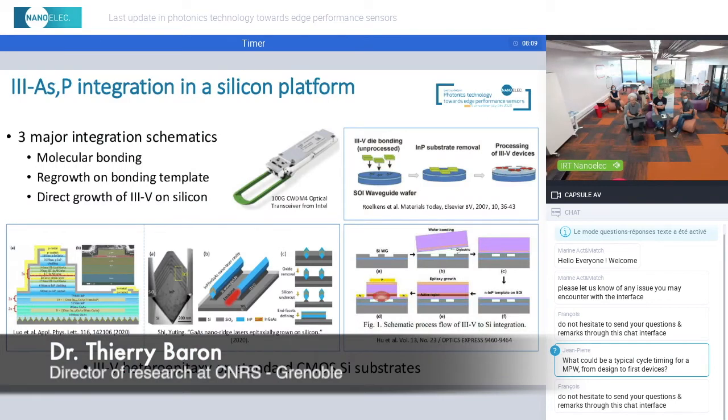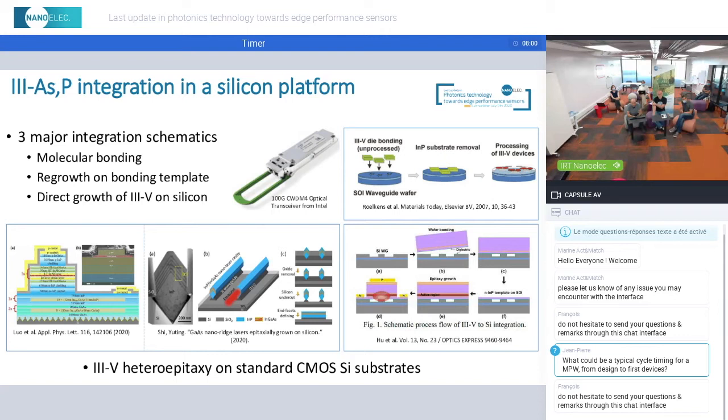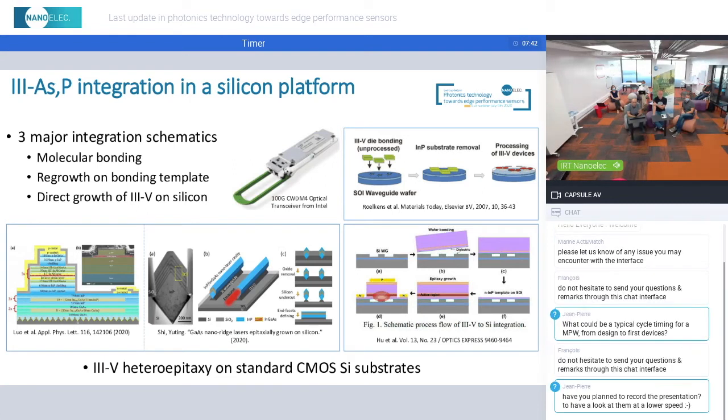So there are different routes to integrate the III-V on the silicon platform. As Bertrand said, you have a molecular bonding of a III-V die which has been processed in a III-V fab. There is another solution at the bottom right of the slide, which is to directly bond, for example, a piece of III-V wafers like indium phosphide or gallium arsenide, and then you make a Nanoelec of III-V on III-V, which is bonded on silicon.